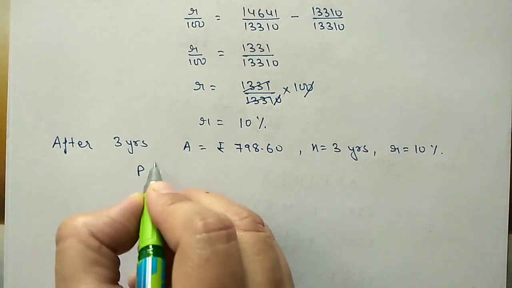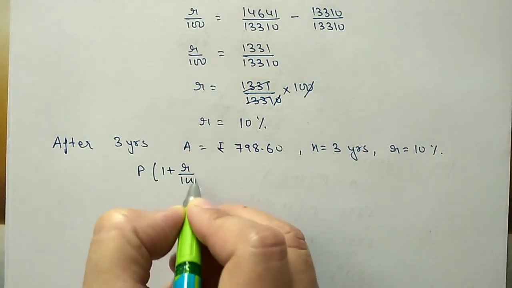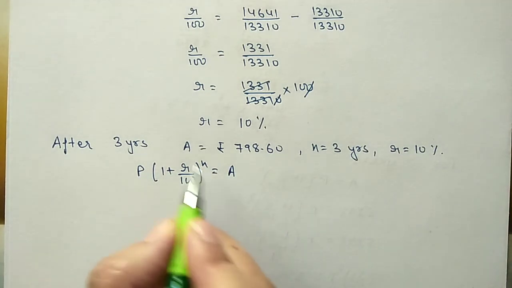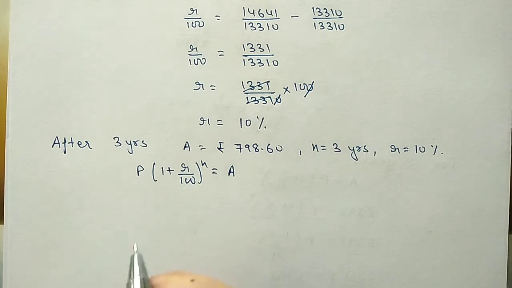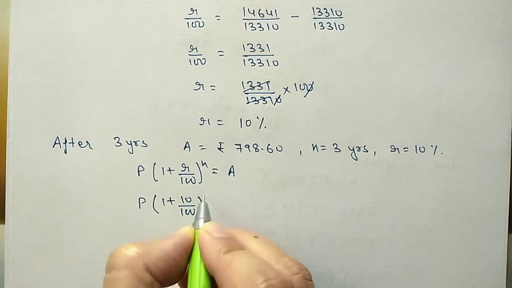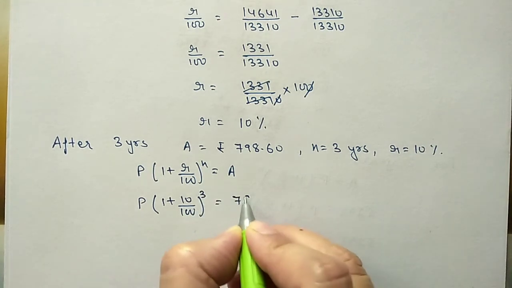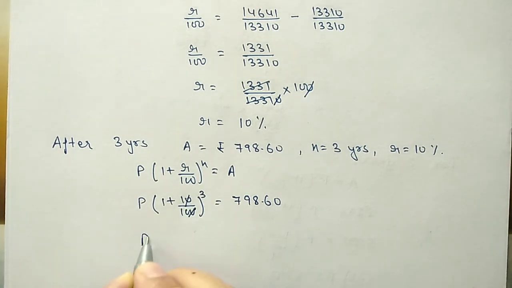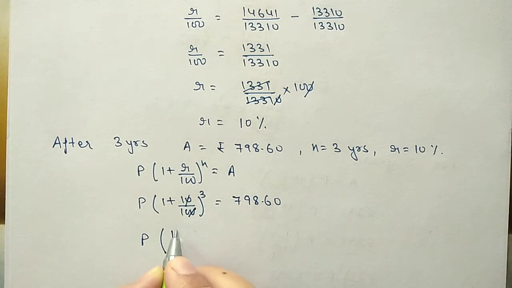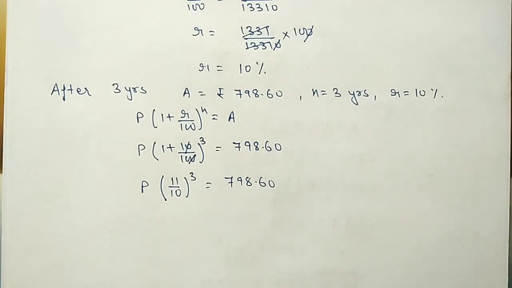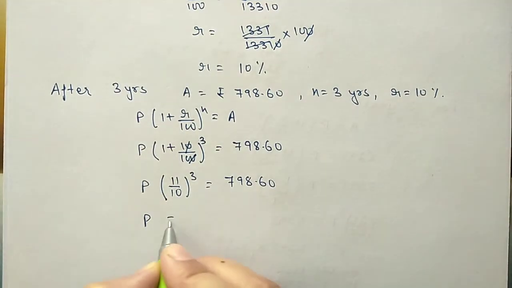So we will use P into (1 plus r by 100) to the power n is equal to A. I have kept P on the left side because I have to calculate P here. So P into (1 plus 10 by 100) to the power 3 is equal to 798.60. 10 we can cancel out here, and after simplification 10 plus 1 we get (11 by 10) to the power 3 is equal to 798.60. We can shift this (11 by 10) to the power 3 to the other side.